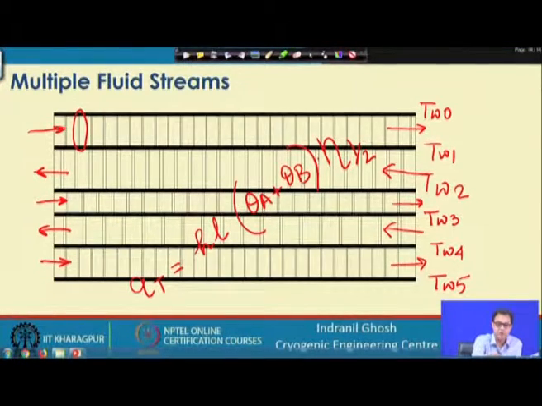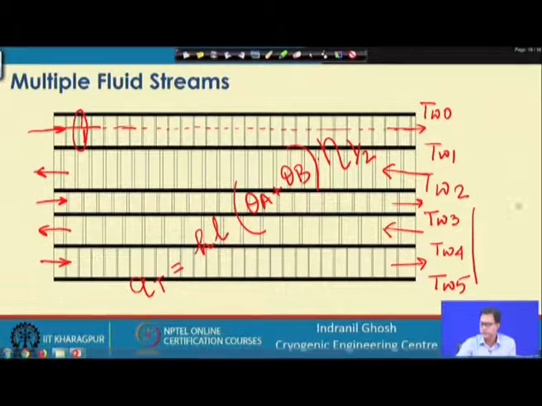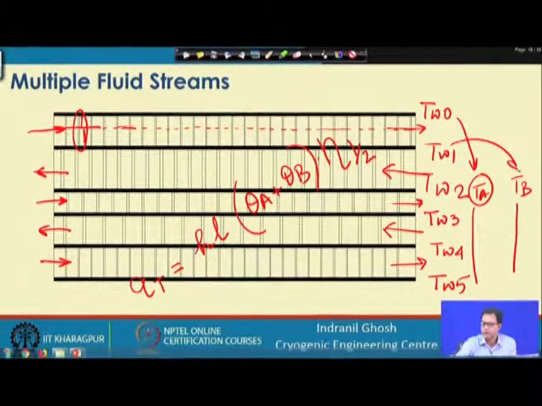So, as if half of the fin is attached to this plate, and half of the fin is attached to this plate, and as if there is an adiabatic temperature profile condition prevailing at the fin middle. These are actually nothing but T W 0 and T W 1. In this nomenclature they are T W, and in the other nomenclature we have talked about T A and T B.